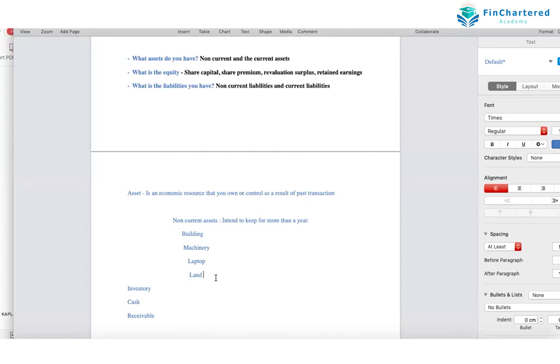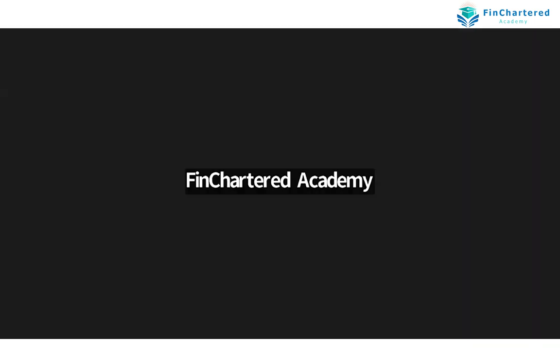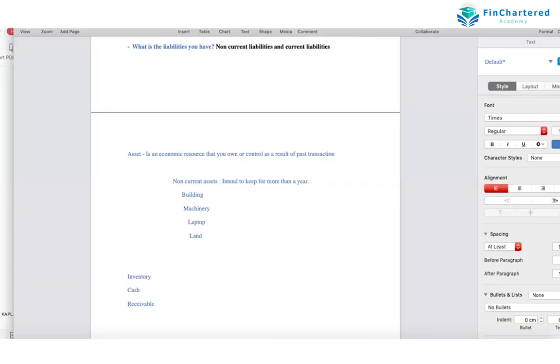Then what about your other assets like inventory? For example, let me just show you my screen. Suppose we sell clothes.